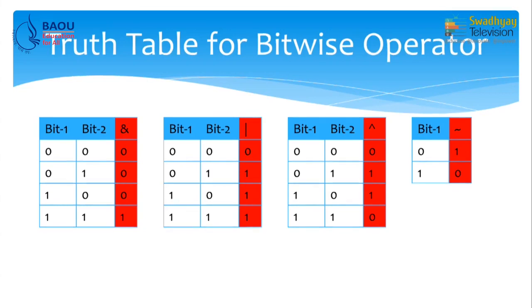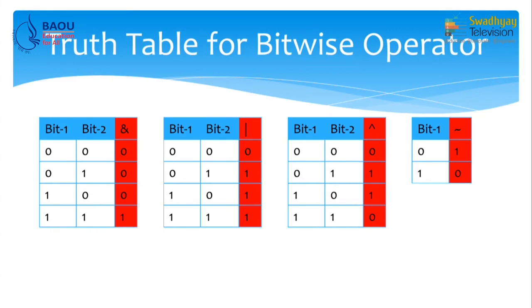But if only one of the operand bits is 1, then we get 1. The last is called bitwise complement. If the bit is 0, it is set to 1, and if the bit is 1, it is set to 0.